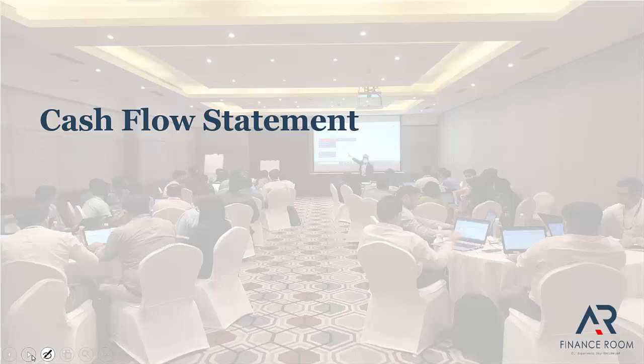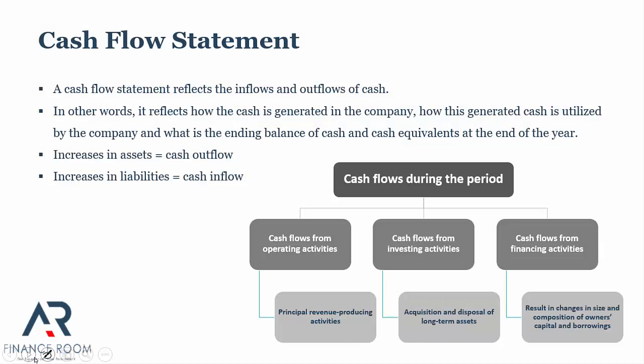So we've covered two: P&L, balance sheet. Now is the third one, cash flow statement. What do you understand by cash flow statement? When you read the term cash flow statement, what comes to your mind? Well, as the name suggests, it shows the flow of cash within the company, right? So it reflects the inflows and outflows of cash.